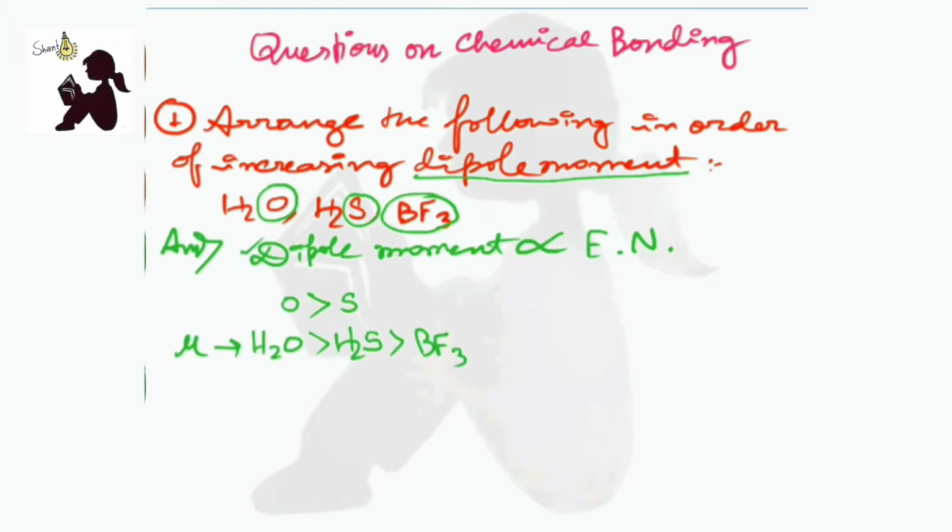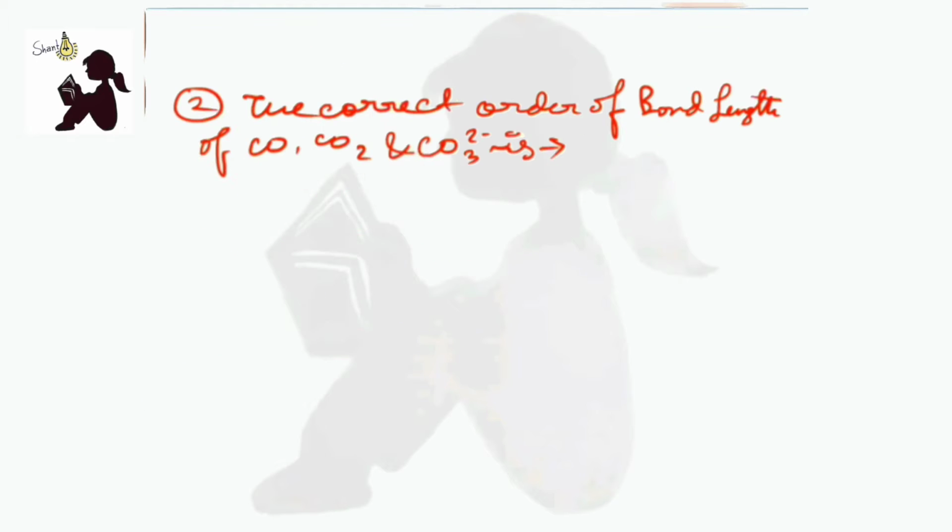That is, the correct order of bond length of CO, CO2 and CO3 2-. So as you guys know, this bond length is inversely proportional to the S character.